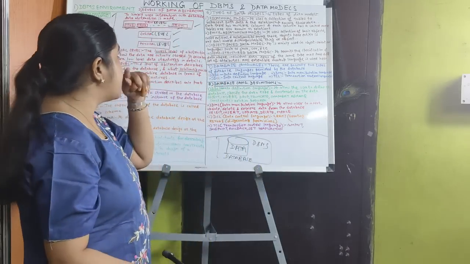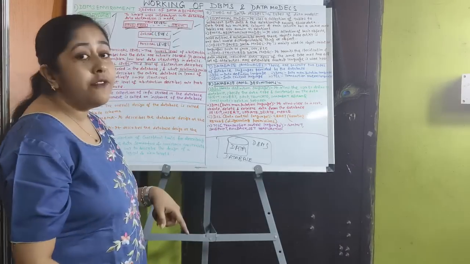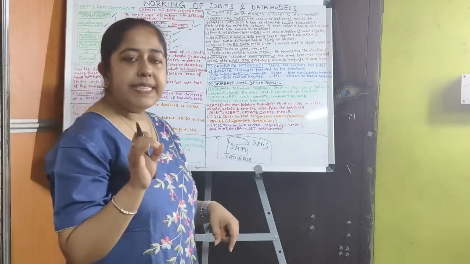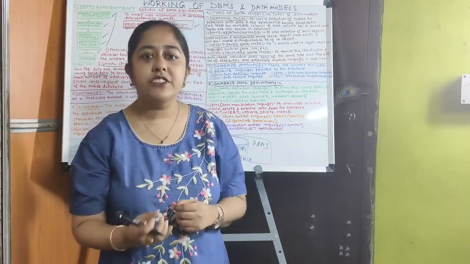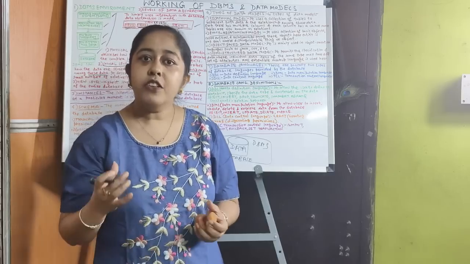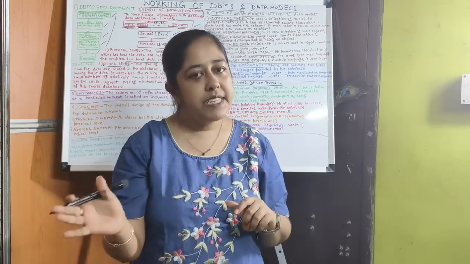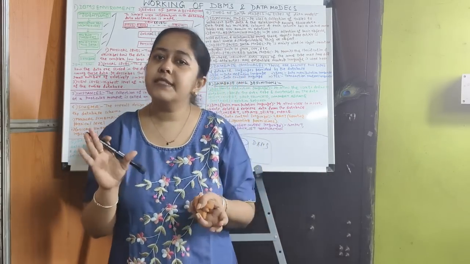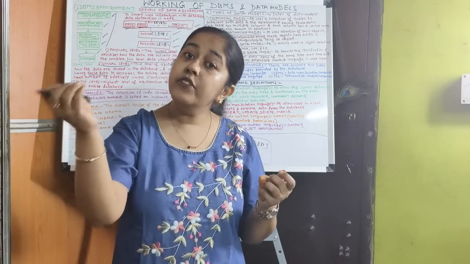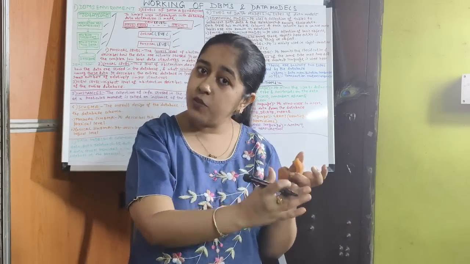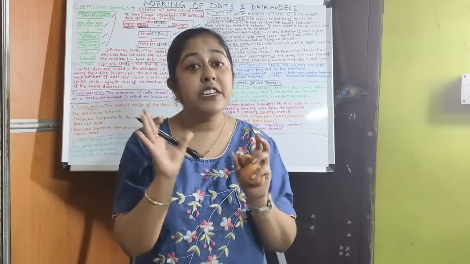So this is basically the whole set of levels of abstraction. The basic thing needed here is the relationship among each data, and this relationship is shown by our logical level. The physical level only shows how the data is stored, but the logical level shows how the data is stored and also the relationship.